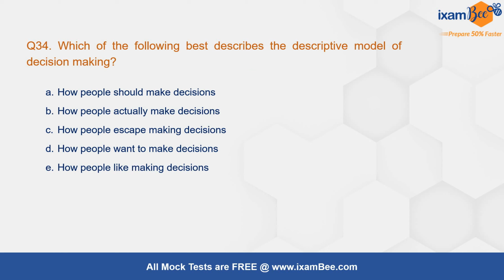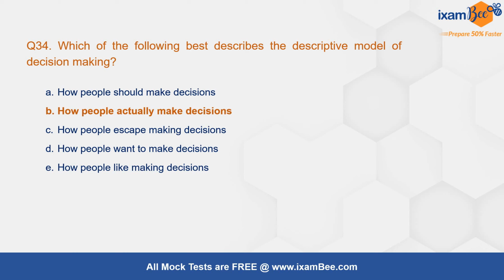Next question, which of the following best describes the descriptive model of decision making? In my last part 1 video, I had discussed another model, which is the normative model. If you had paid attention, you will be able to answer this question about the descriptive model. Is it about how people should make decisions, or how people actually make decisions, or how people escape making decisions, or how people want to make decisions, or how people like making decisions?